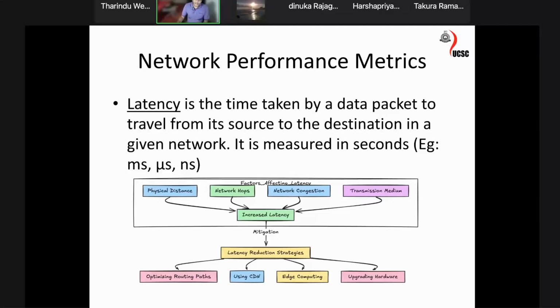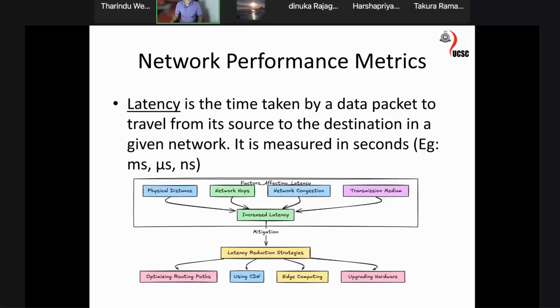Right. Factors affecting latency are physical distance. We will be discussing latency in detail, because I told you that one of the metrics I will be taking separately and explaining in a deep dive. The physical distance matters, because let's say Colombo University and Peradeniya University have a link for intercommunication between universities.